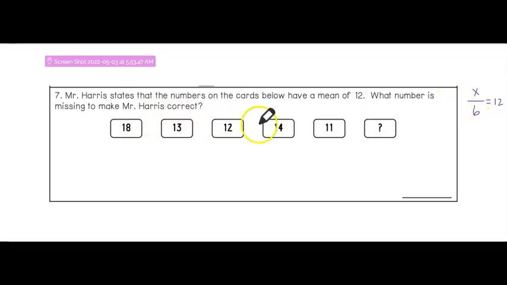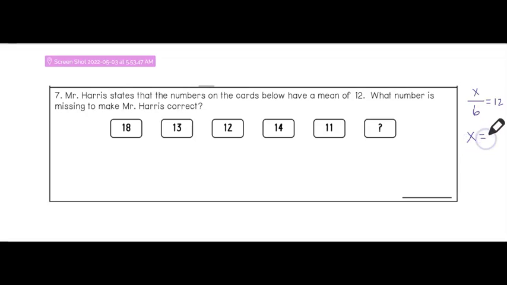Because all these numbers added up, divided by the total number of cards, which is 6, is going to have to equal 12, because he's saying the average is 12. So what number divided by 6 will give me 12? All right, if I multiply both sides by 6, I can find that x is 72.